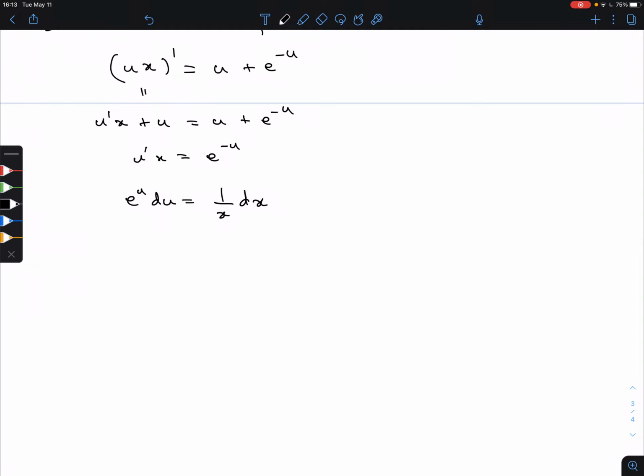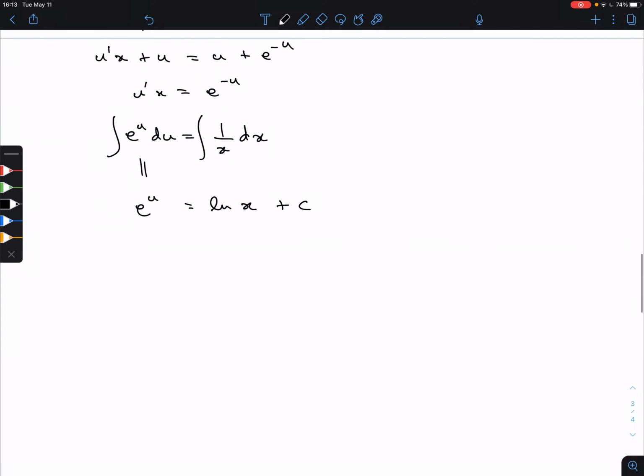If you don't see this right away, stop the video and do the calculation for yourself that this is the same as what I wrote down above, but with the variables separated. So now I can integrate. The antiderivative of e to the u is e to the u. The antiderivative of 1 over x is ln of x plus a constant. Sorry, we have to keep the constant here again.